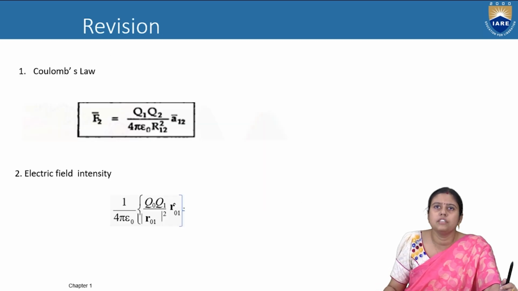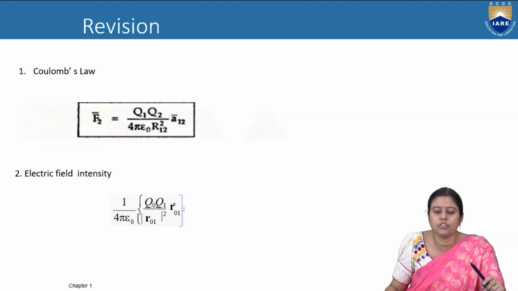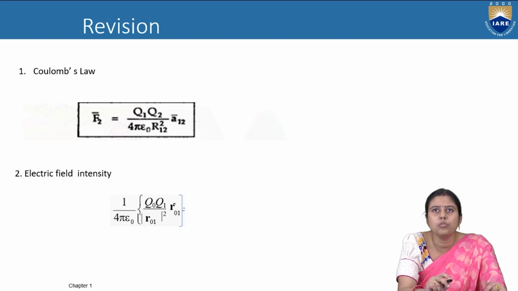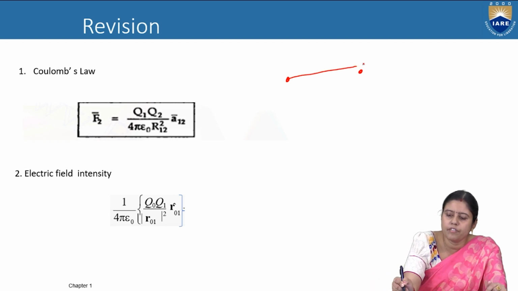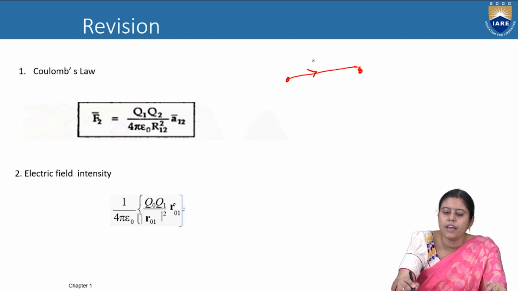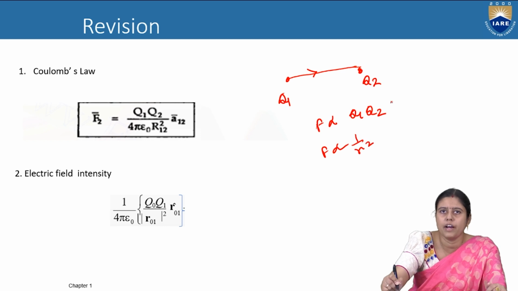First we will discuss Coulomb's law. What does Coulomb's law state? This is just a quick recap. Coulomb's law states that if there are two point charges, Q1 and Q2, the force working between them is directly proportional to Q1 and Q2, and inversely proportional to R square.